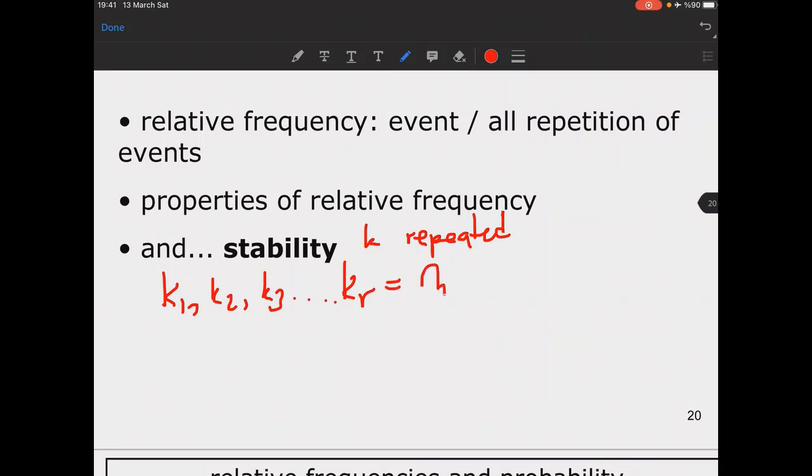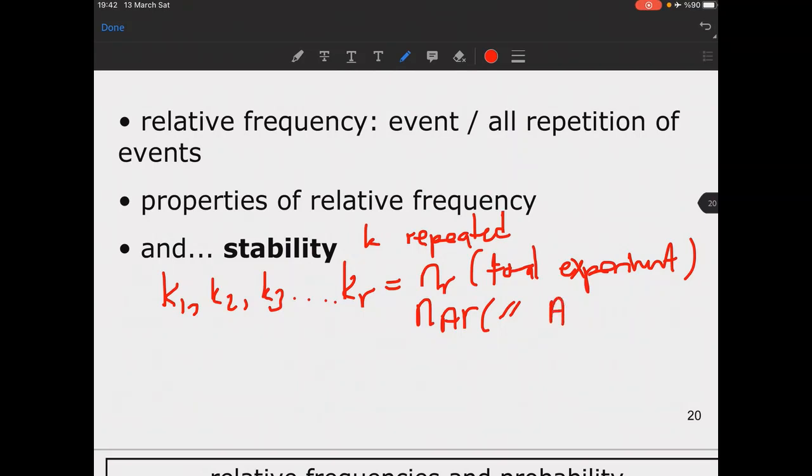You will have the total experiments here, and you will have a particular occurrence, which you denote with A, for example. And it would be your total A occurrences. This is what you're dealing with, and your relative frequency here would be something like this, over R.